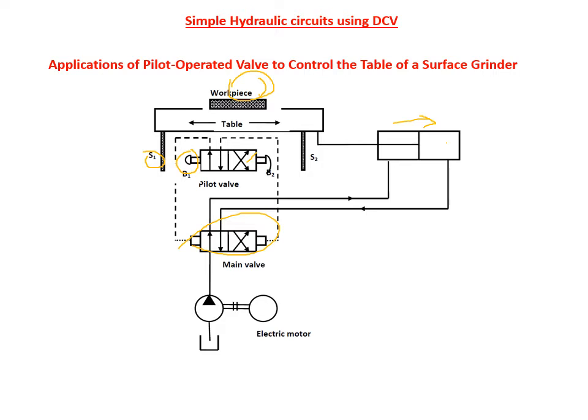Similarly, the motion will start from this side, so extension will start. Again, whenever S2 hits B2, the pilot signal will be sent to the main valve, and again it will change its position to what is shown in the diagram. So this is the application of a pilot operated valve to control the table of a surface grinder.